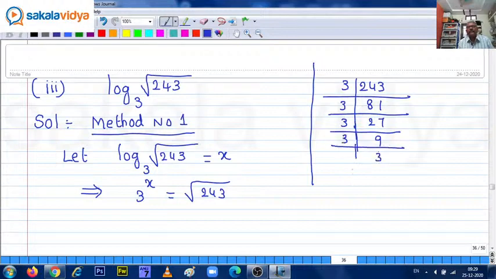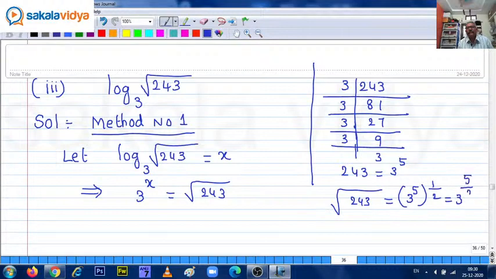So that means 243 is written as 3 raised to 5, counting 1, 2, 3, 4, 5. But we need to find the root of 243. That is equal to 3 to the power of 5 whole to the power of half. Root means 5 into half, 5 by 2: 3 to the power of 5 by 2.